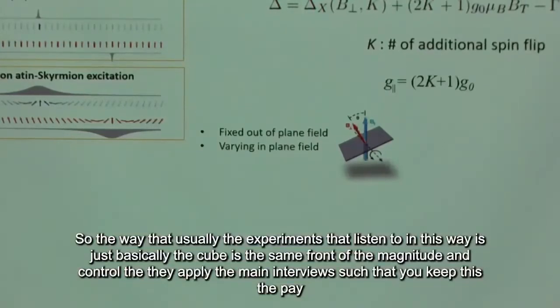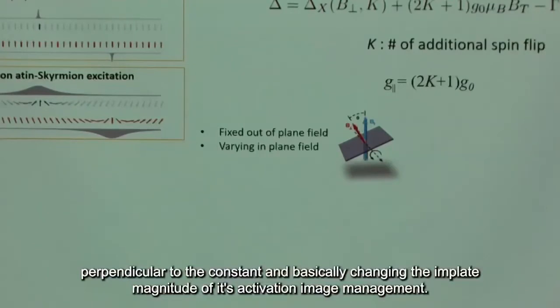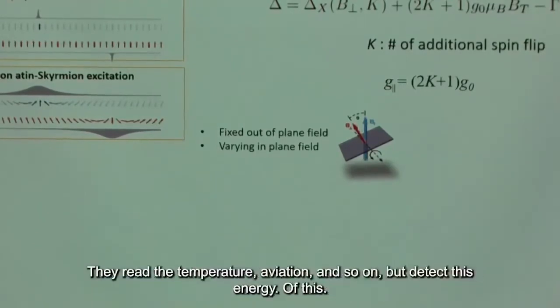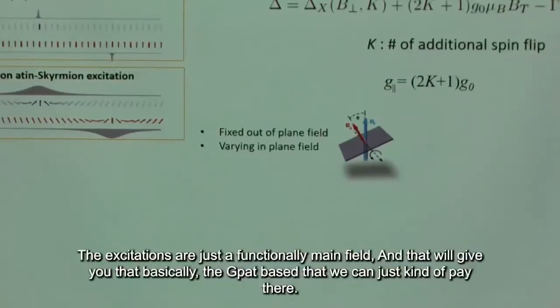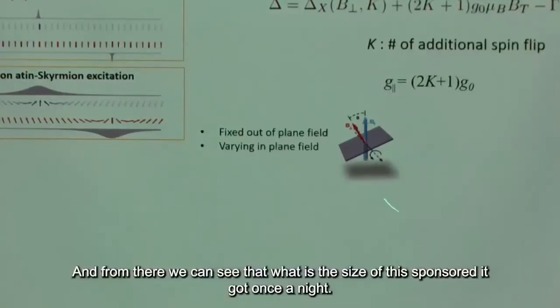The energies can often be measured by activation energy measurement with temperature variation, detecting the energy of the excitations as a function of in-plane magnetic field. That will give you the g factors, and from there we can see what the size of the Skyrmion looks like.